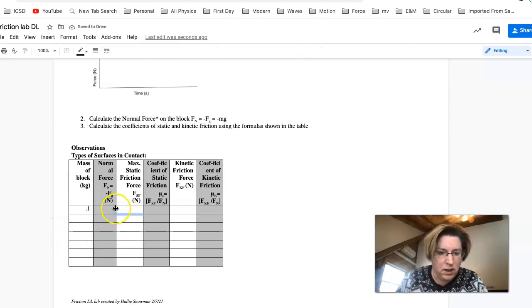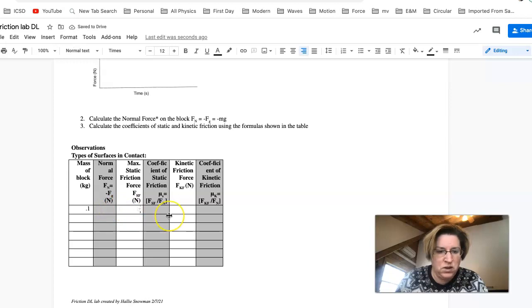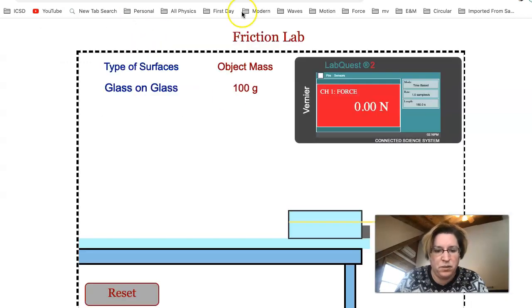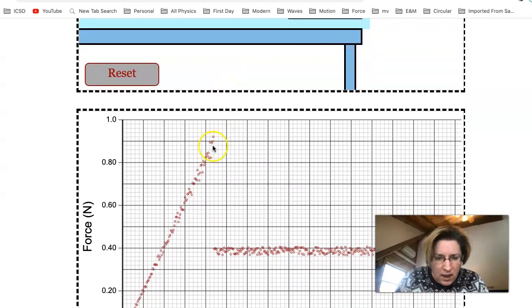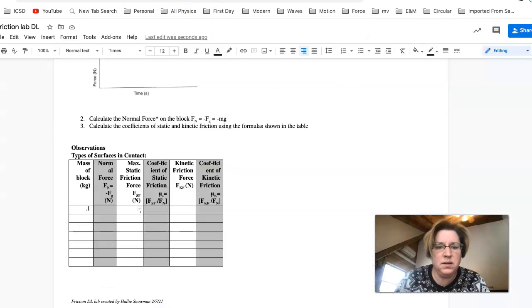So for example, I could put in right here 0.1 kilograms. Then I'm going to say this is about 0.9, probably 0.92 is the maximum static friction force here.